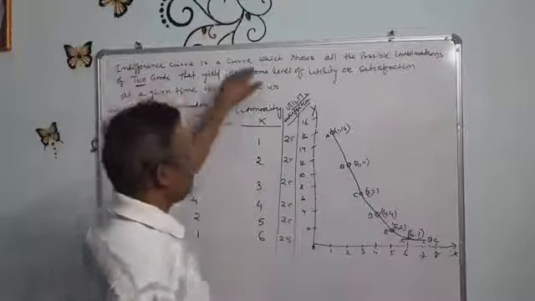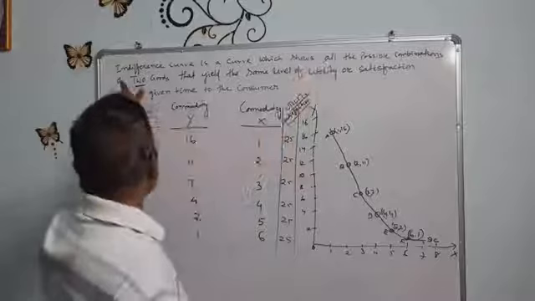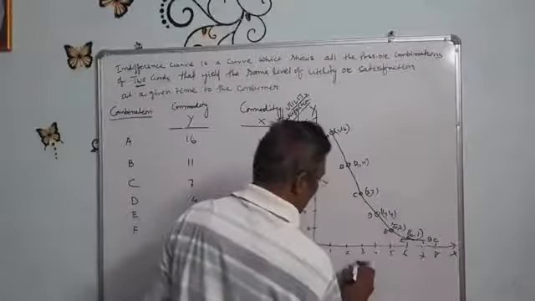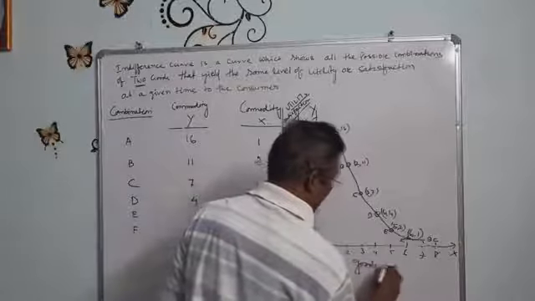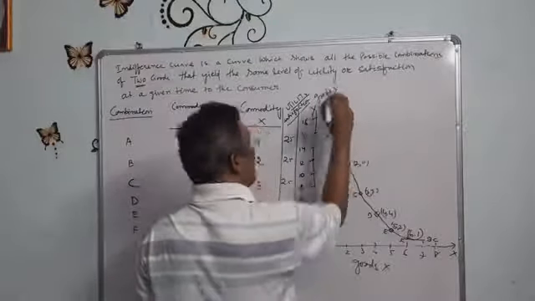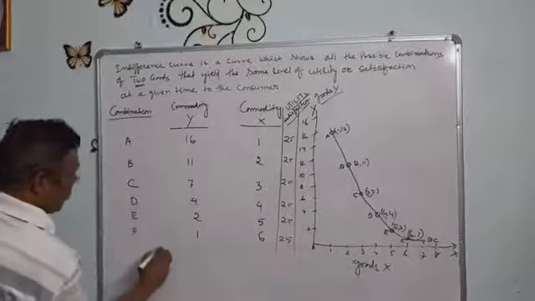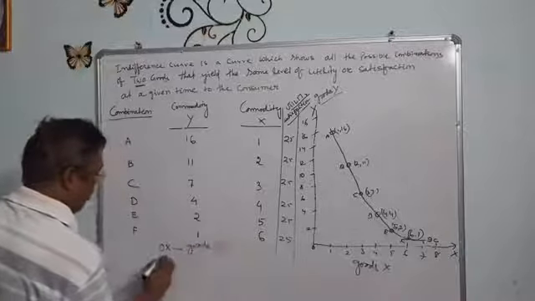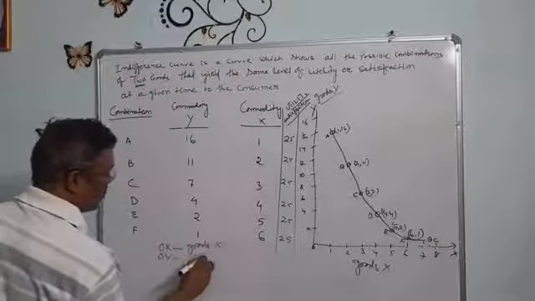Indifference curve is a curve which shows all the possible combinations of two goods. This is goods X and this is goods Y. It means the X axis represents goods X and the Y axis represents goods Y.